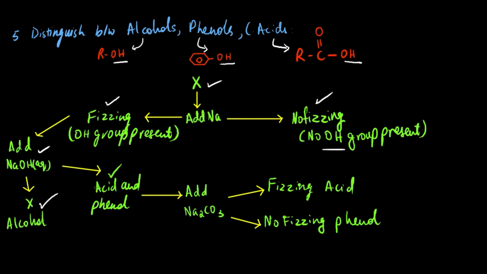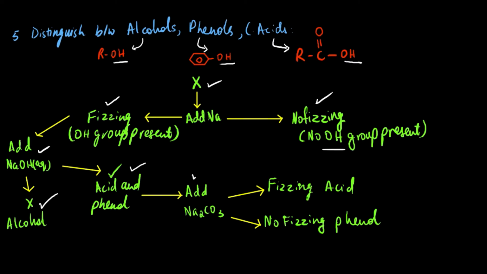But if the reaction occurs, and water and a colorless solution of a salt is formed, then that means it can be a carboxylic acid or a phenol. You have to accept the fact that a phenol can react with an alkali. It is an accepted fact. You have not studied this in detail and you will not study it in detail.